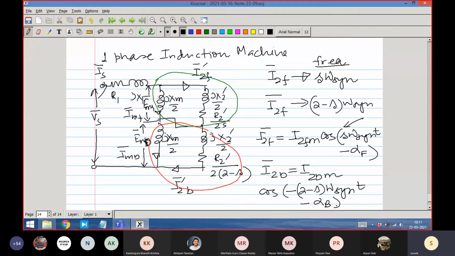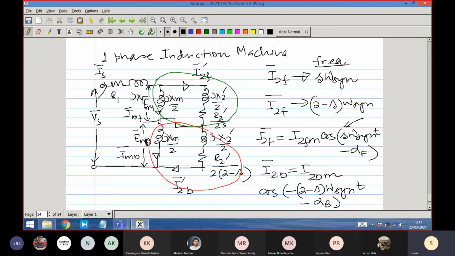So though it is a single rotor, it has two frequency components, very unique. You have generated two different frequency currents in the rotor in this way.